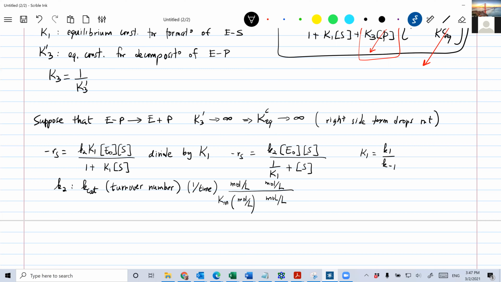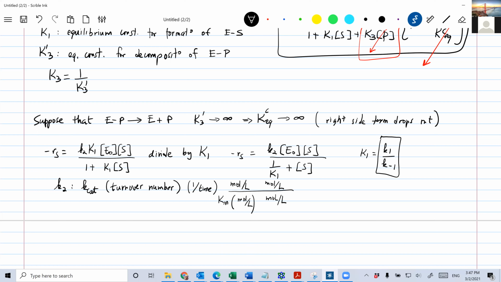We can also see that it works out if we look at the units of K1 and K-1. That should be at least inverse concentration for K1.